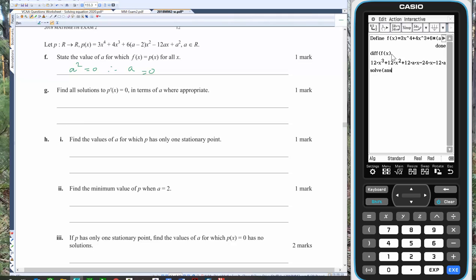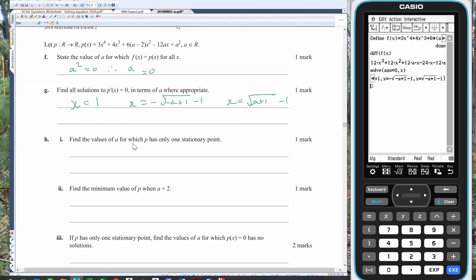Solve that equals 0 for x in terms of a. So we've got 3 zero gradient points, one at x equals 1, one at x equals negative a plus 1 take 1, and another at negative a plus 1 take 1, I presume. Yes. Okay, so there are my 3 solutions.